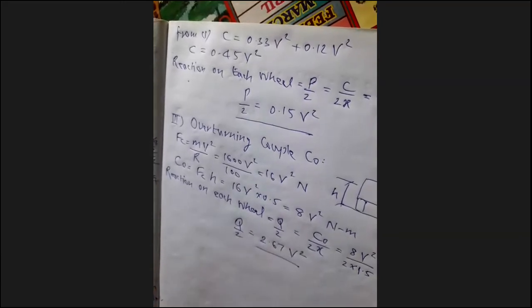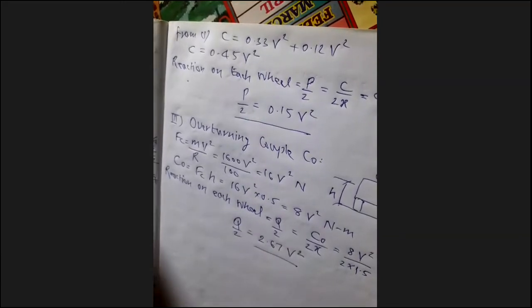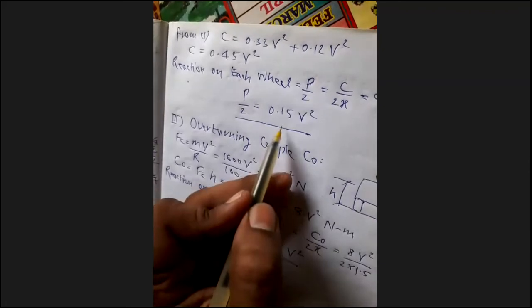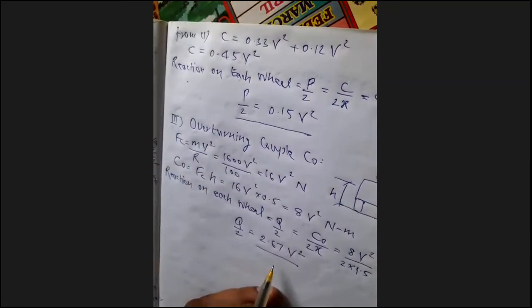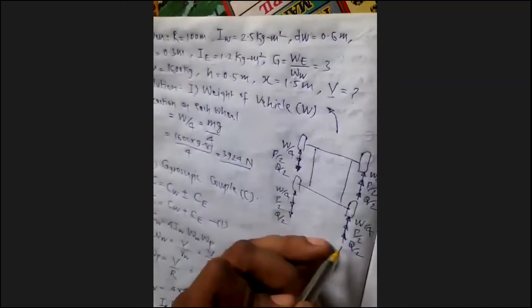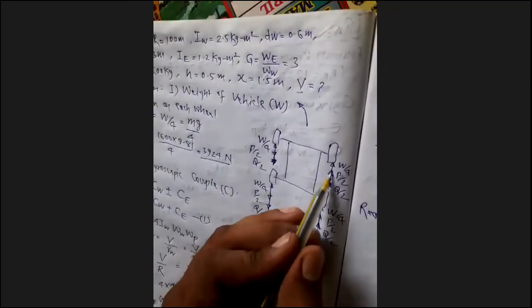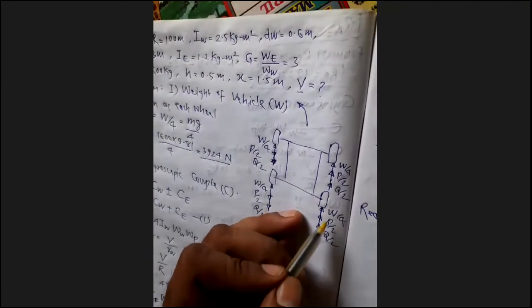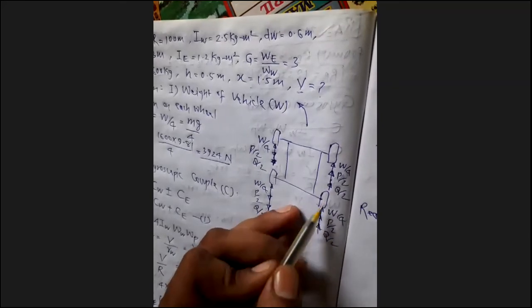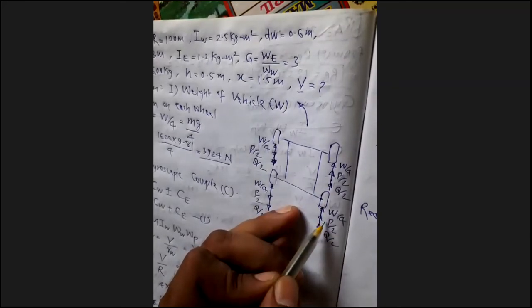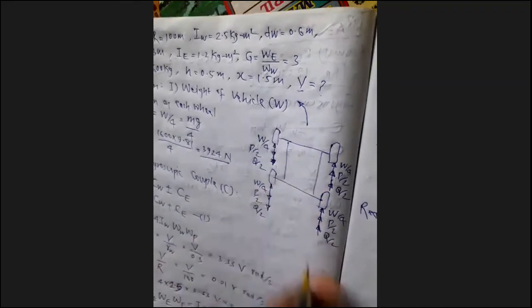Now we got the reaction due to weight of the vehicle, reaction due to gyroscopic couple, and the reaction due to overturning couple. On the outer wheel, all these three reactions are upward, right? So to find the total reaction on the outer wheel, we will add them together. Let us find the total reaction.